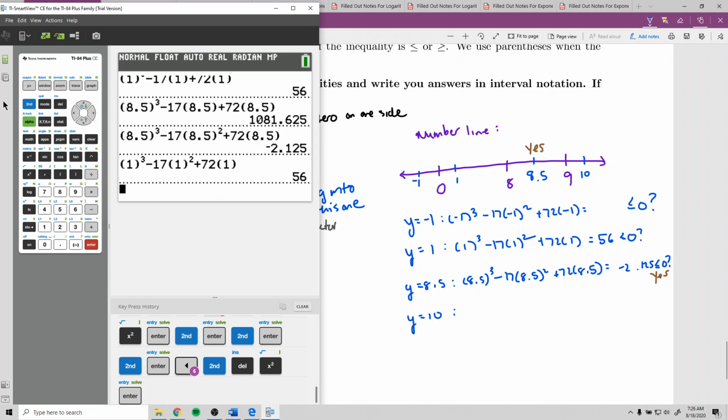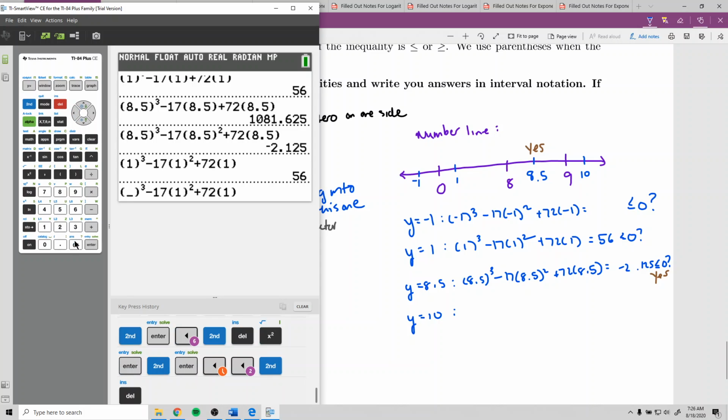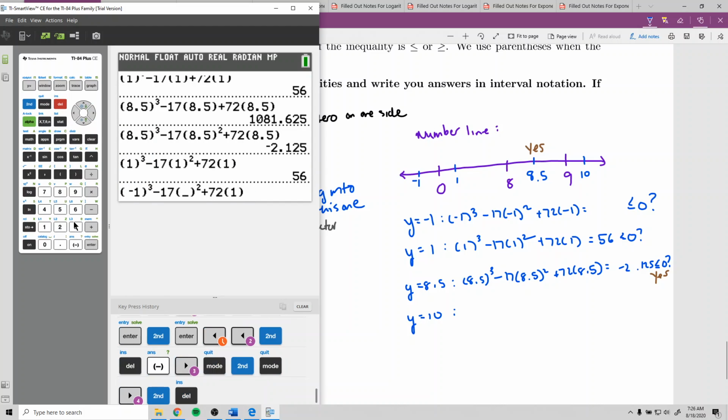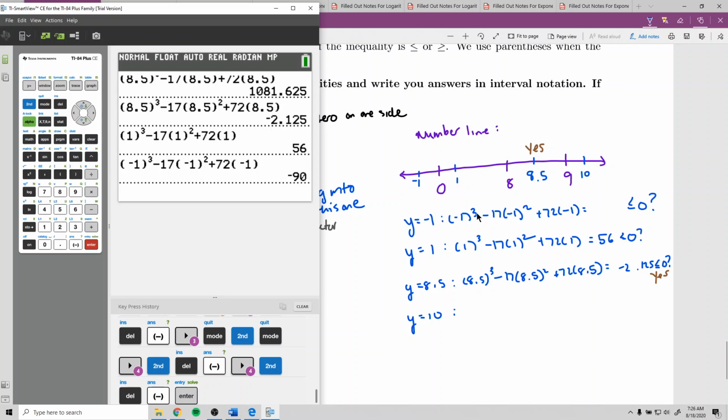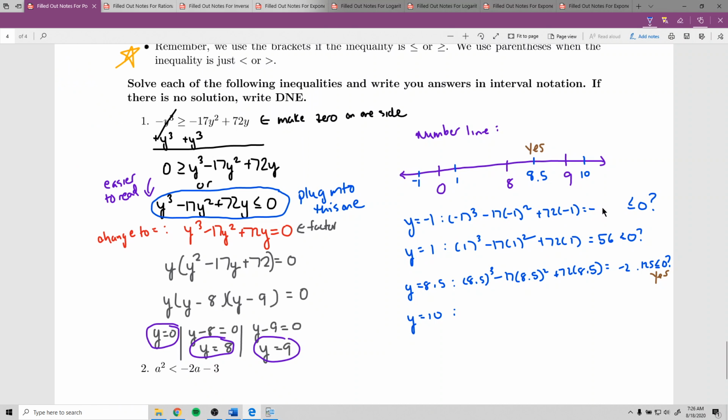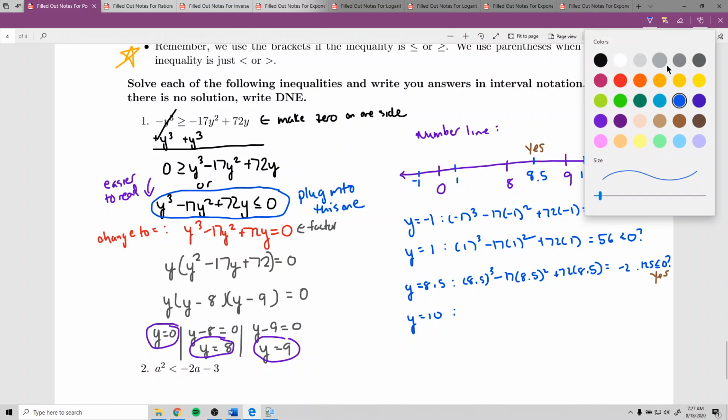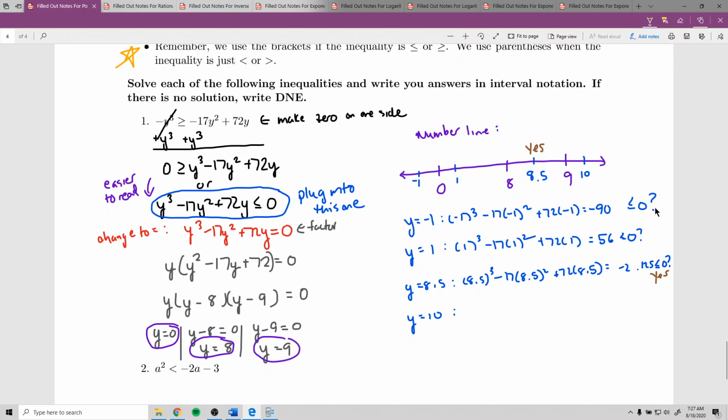If we plug in -1, I'm just going to insert a negative everywhere. And that's negative 90. Actually, even though I plugged in the wrong number, it still worked out that the first one was yes and the second one was no.